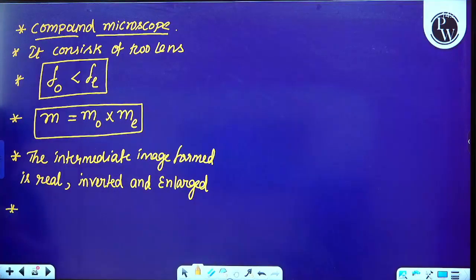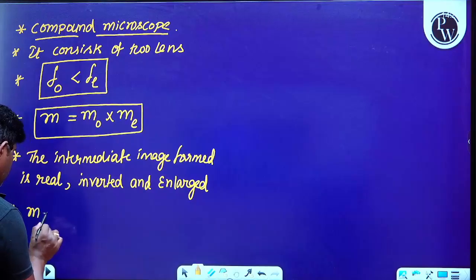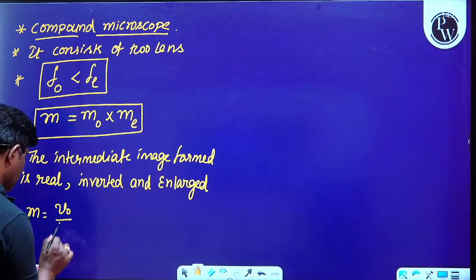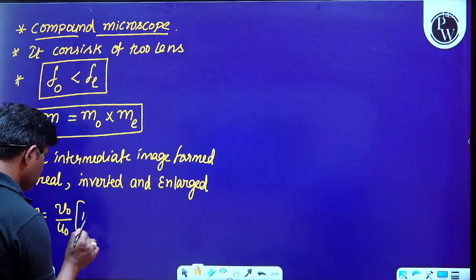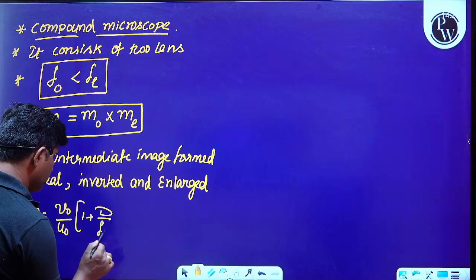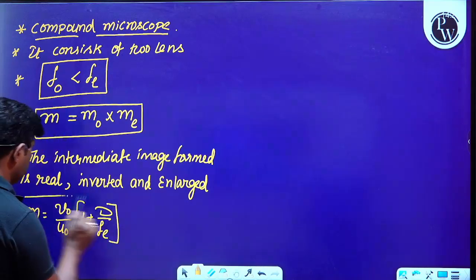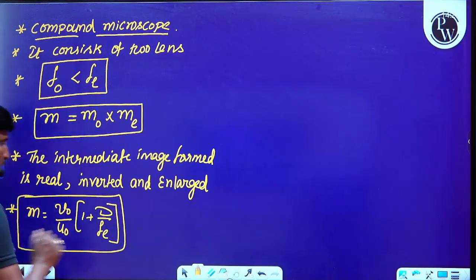Later, what is the magnification? Magnification is equal to VO divided by UO into 1 plus D divided by FE. When can we use this formula?